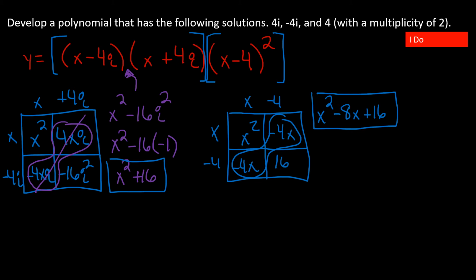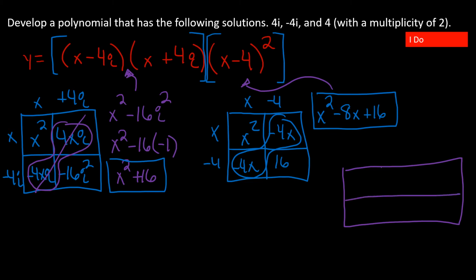Now, these two are being multiplied. Okay, so we've got to set up one more box, right? Because this is this guy here, and we're now multiplying everything that we have here. Okay, so we'll do x squared plus 16, x squared minus 8x plus 16.